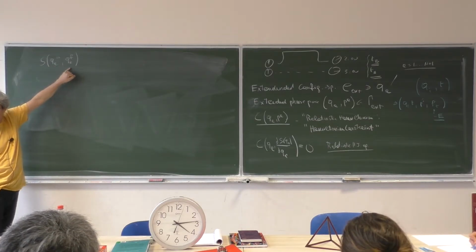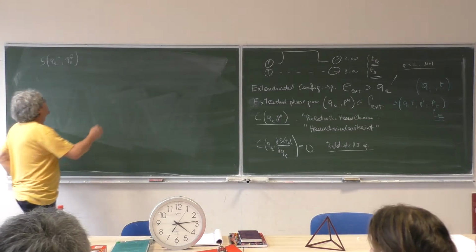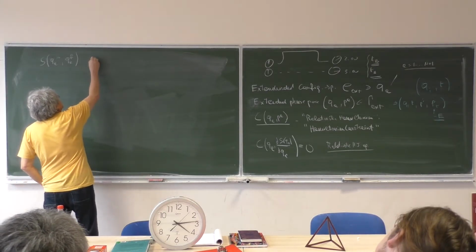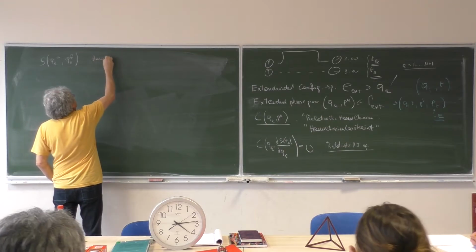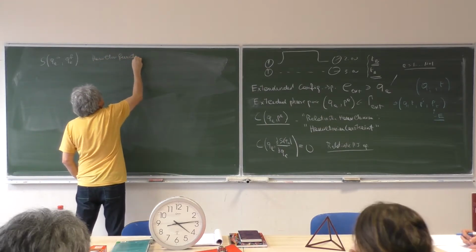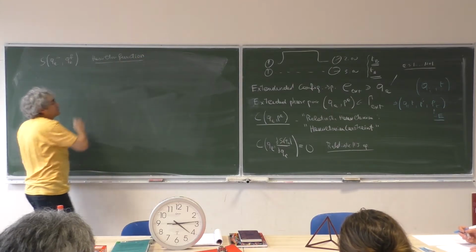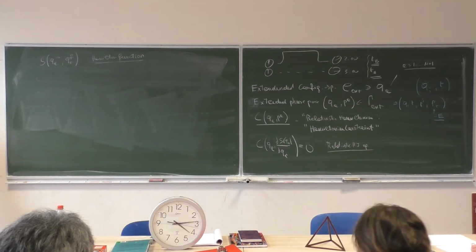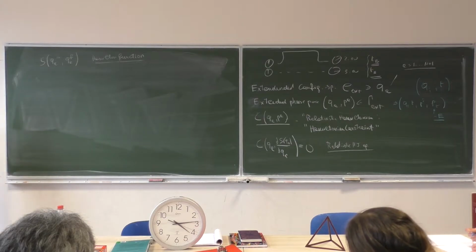Okay, and that's a Hamilton function of the theory. So this is a Hamilton function. It is defined to be a solution of the Hamilton-Jacobi equation in both initial and final variables.